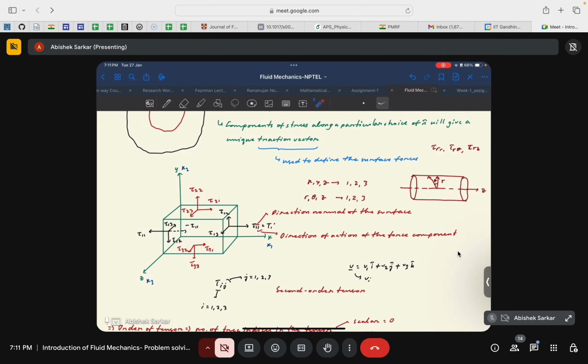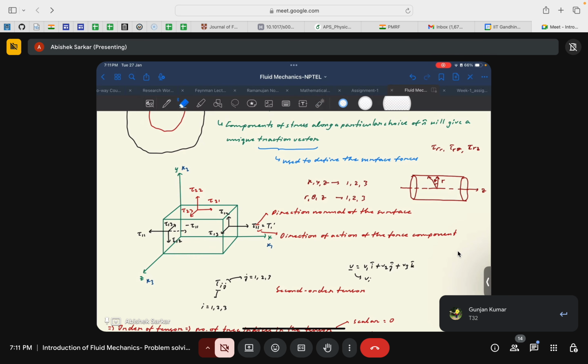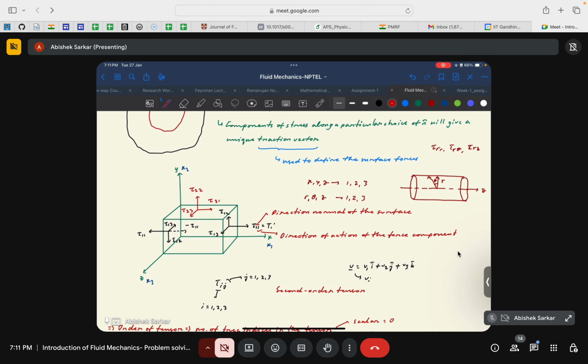Okay, I think I have made a mistake here, so let me correct the diagram. I think this diagram is a bit incorrect. So it should be along this surface, along this surface. Okay, so this would be tau 33, this would be tau 31, and this would be tau 32.